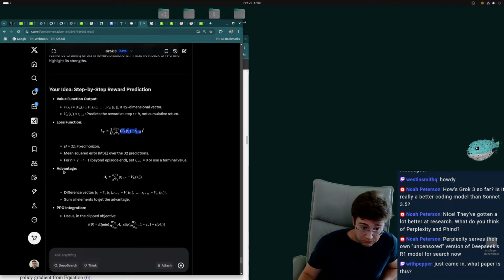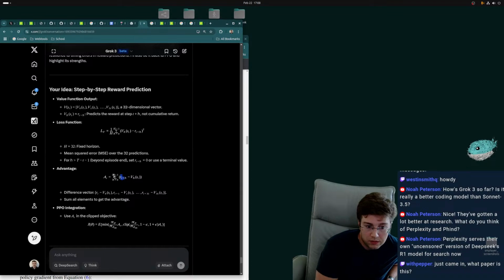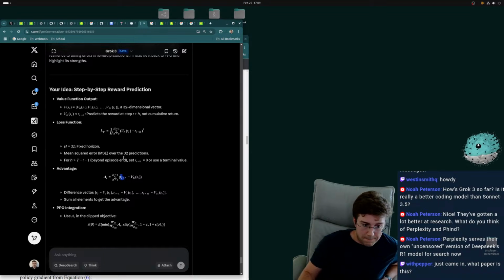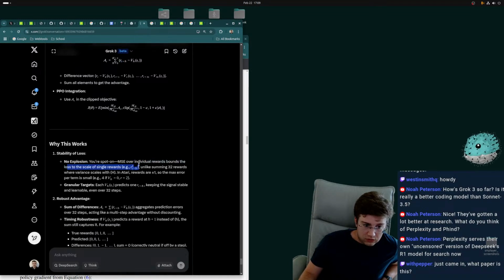And then your advantage, you sum reward minus value, which is equal to sum reward minus sum value, right? So it only matters that you get the magnitude of the reward right over the course of your predictions. That gives you a nice loss function.